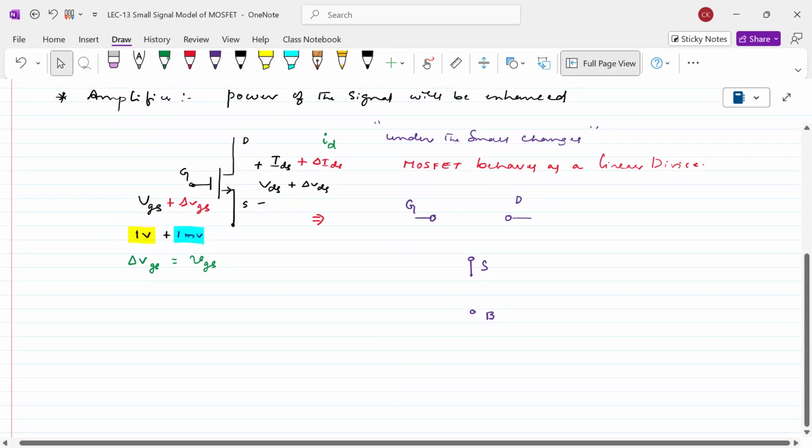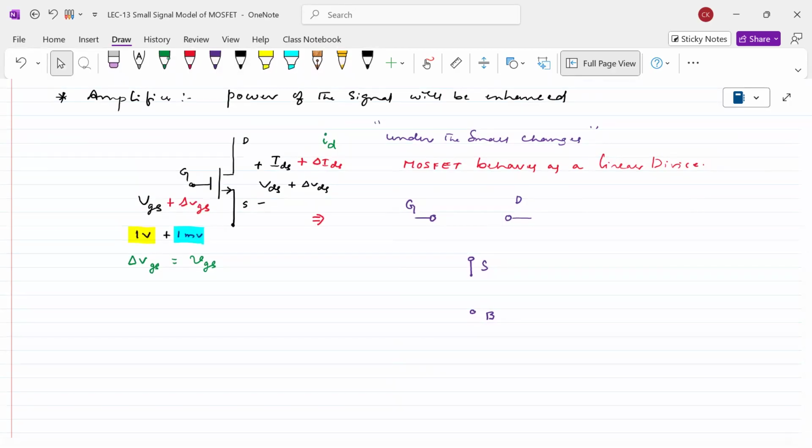Of course, under ideal conditions, if the transistor operates in the saturation region, IDS is not a function of VDS. But let us assume channel length modulation is considered. Under channel length modulation, when VDS changes, the current also changes linearly. That's what we have seen in the second order effects, right?